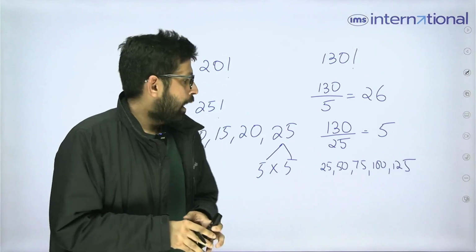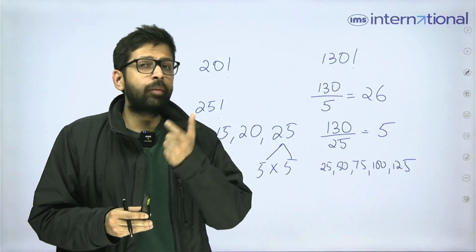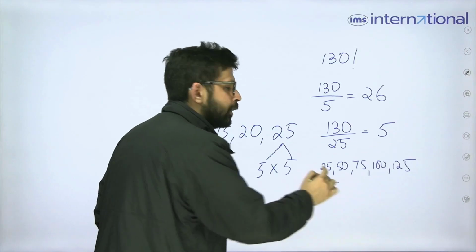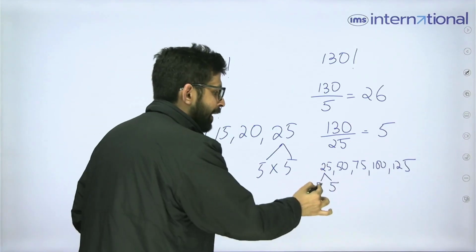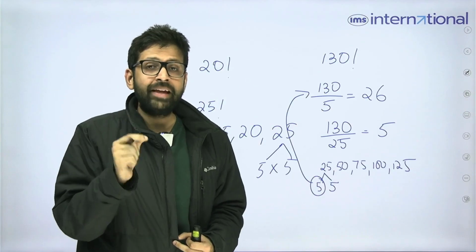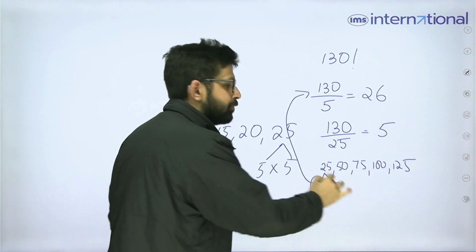But wait, if 25 is a multiple of 25, it was also a multiple of 5. So 25 which had 2 5s, one of the 5s was already counted over here. So please don't make that error of counting this 5 again. We are just interested in this 5.